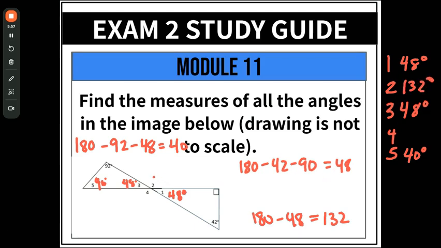Okay? And then if I know angle 2, I also know angle 4, because just like the opposite angles here were the same, the opposite angles here are the same as well. So angle 4 is also going to be 132 degrees.